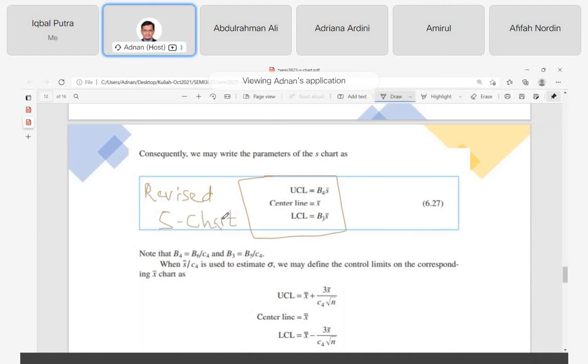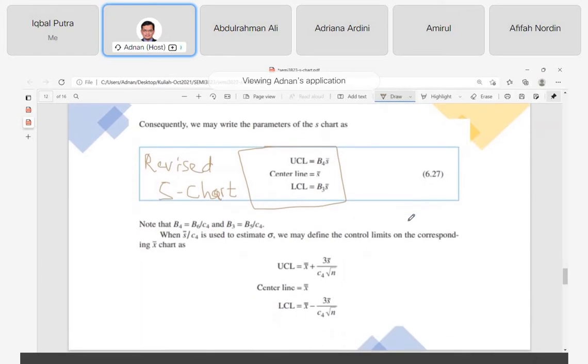Same thing that we do for X bar chart, we discard the unstable data and we recalculate the new limit. So if we plot, it will look like that.